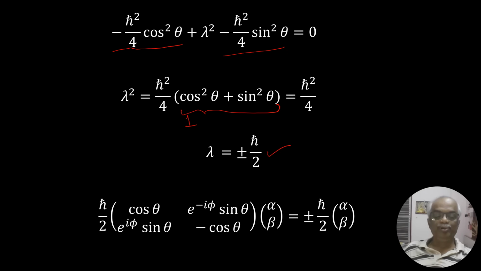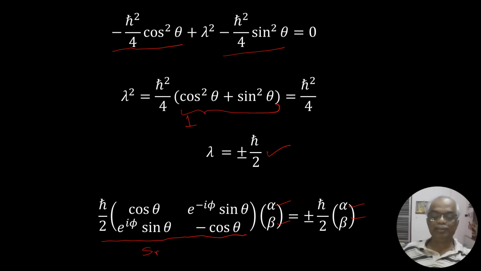Now you take the S_R matrix, that is the angular momentum matrix in an arbitrary direction R, and multiply with the column matrix alpha, beta. Here alpha is the spin up state, beta is the spin down state.